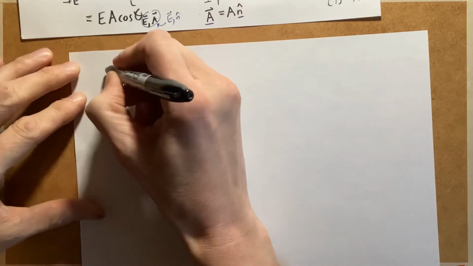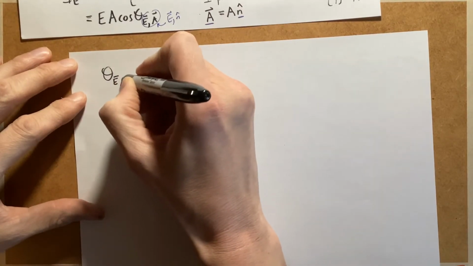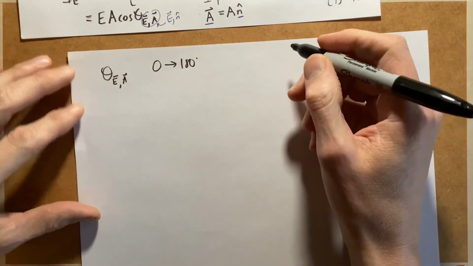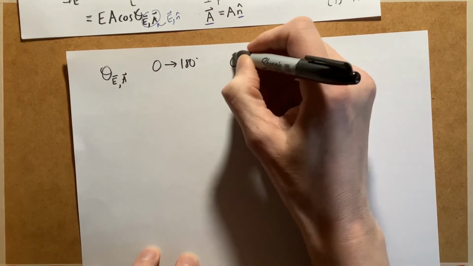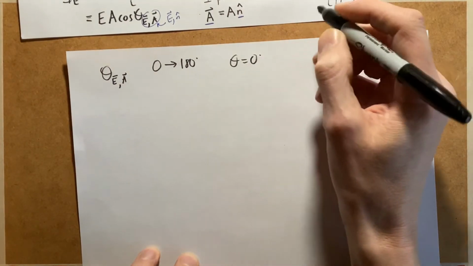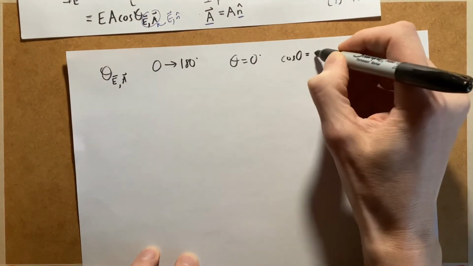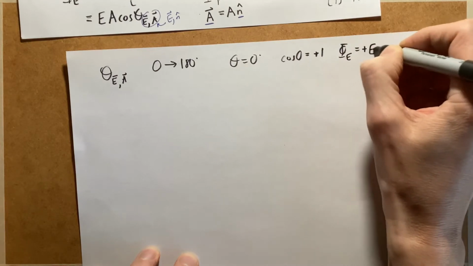So the angle between two vectors has a minimum of 0 and a maximum of 180. When the angle is 0, then the cosine of 0 is plus 1, and so your flux will be plus EA.